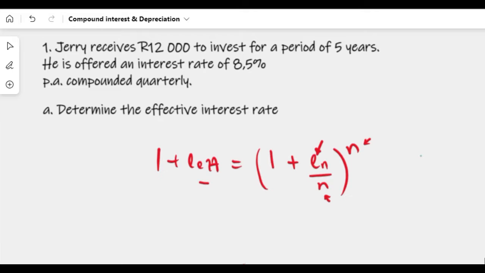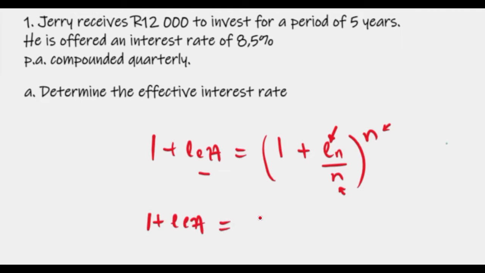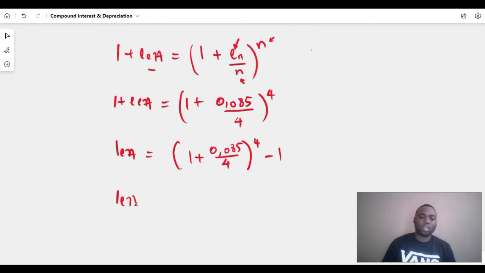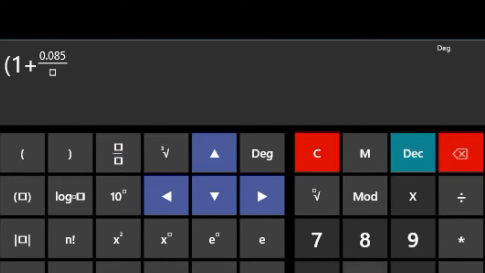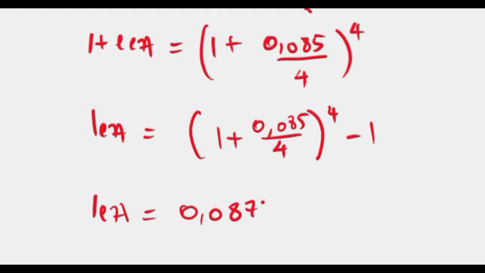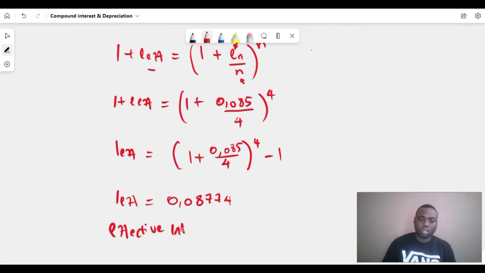So all we just need to do is substitute. And that would be your answer.